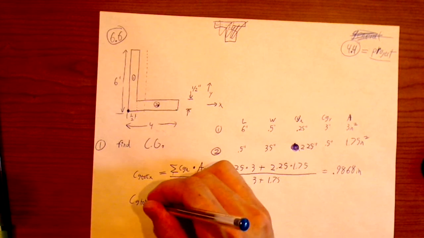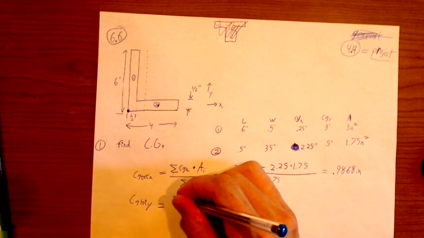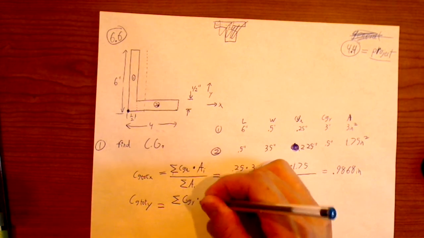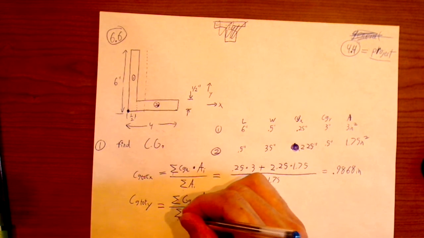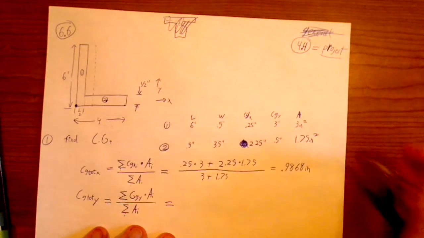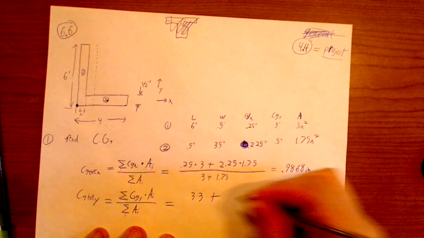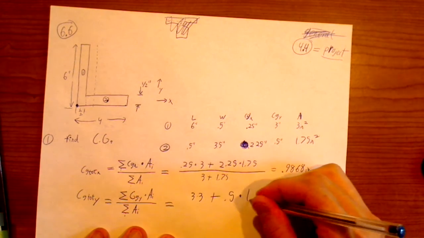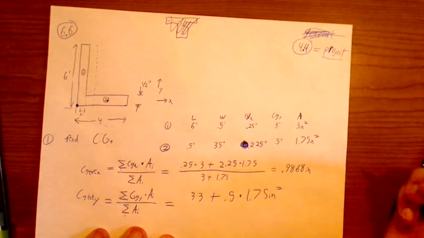CG for the total system in the y direction is the sum of the CGs in the y times their respective subareas over the sum of all the subareas. So this will be 3 times 3 plus 0.5 times 1.75, which is squared.